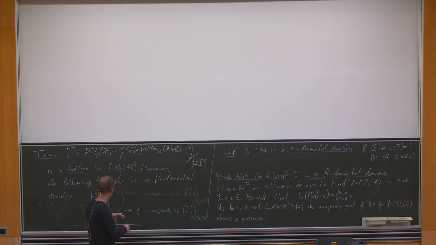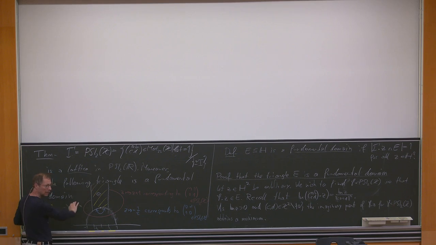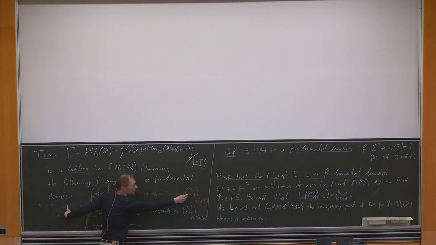So there is a representative in the orbit that is highest up, like this one. Maybe this is what we started with, but then we found an ABCD so that we get to the maximum value. But that point might not be in E. So what do we need to do? We need to add or subtract an integer, but we know how to do that because we have this matrix.